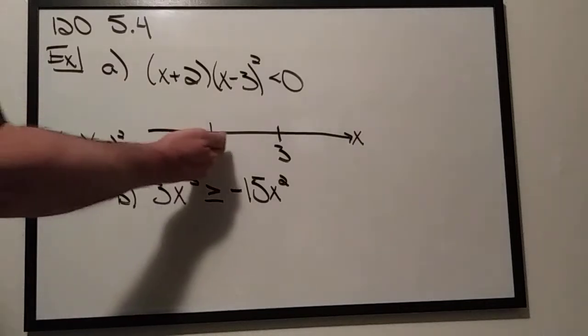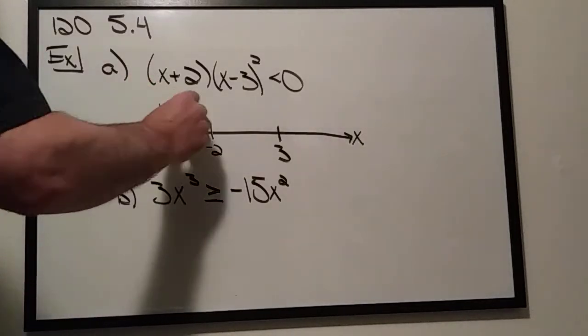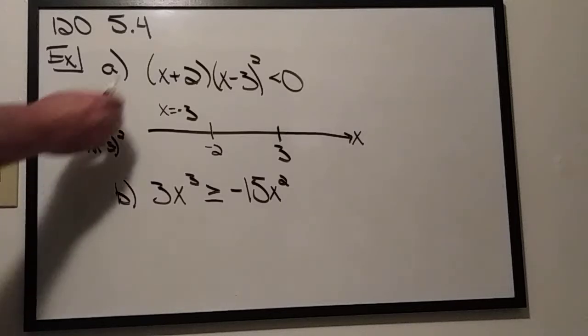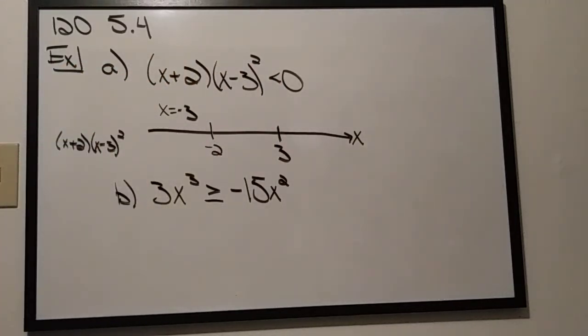So let's choose the region to the left of -2. An x value of -3 lives there. And you'll notice over here on the left, I have just rewritten the expression for the left-hand side, (x + 2)(x - 3)². And just like we did when we were looking at the graphs in 5.3, I really don't care about the numbers, I care about the signs when we plug in something like that -3.